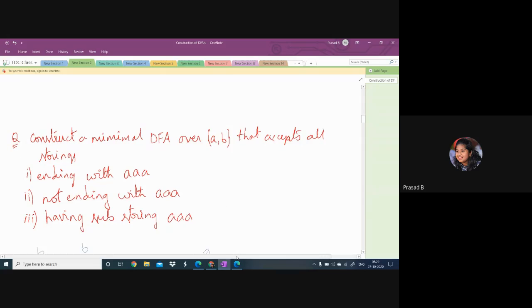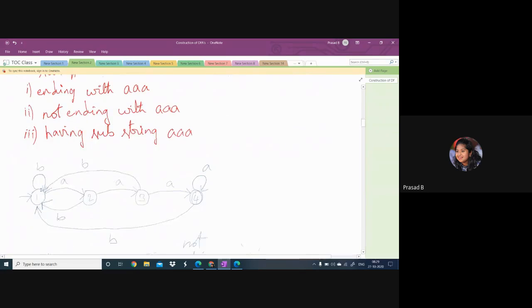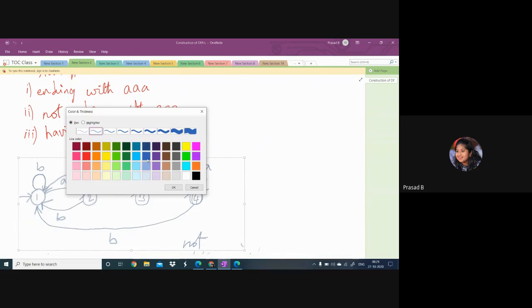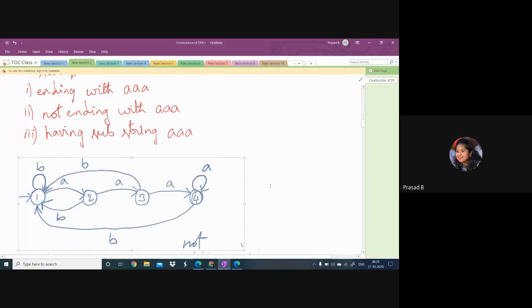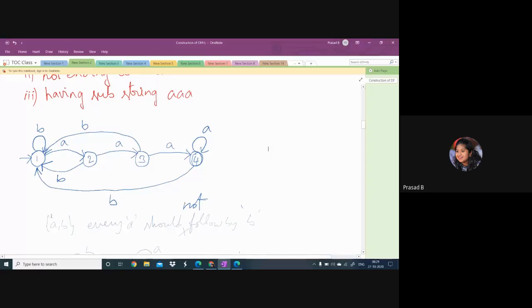Okay. Now, first one. Check this answer. The smallest string is aaa.